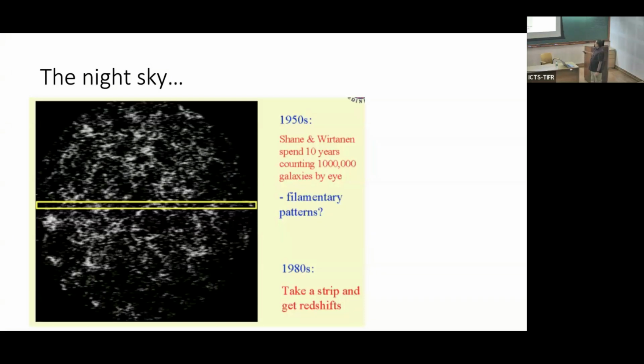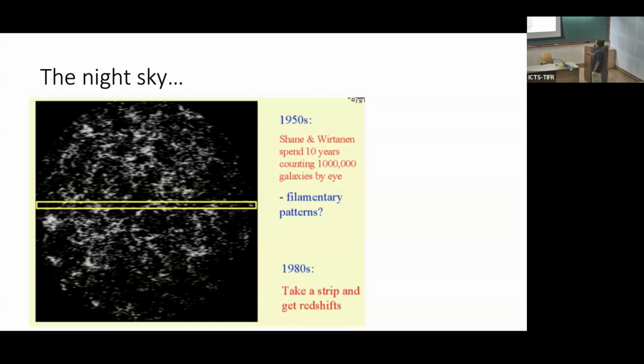They looked at 1,000,000 of them, basically, in 10 years. And when they plotted them out, this was really the first large-scale structure map of the sky. And you can already see things which we are familiar with now: this filamentary nature, some filaments, some overdensities, lumps, voids and stuff like that.